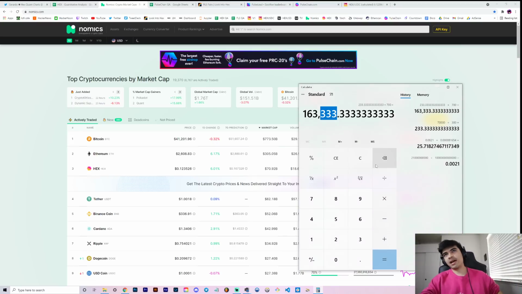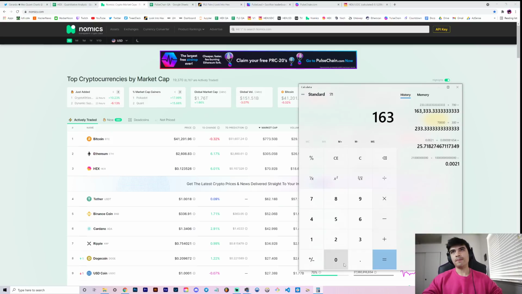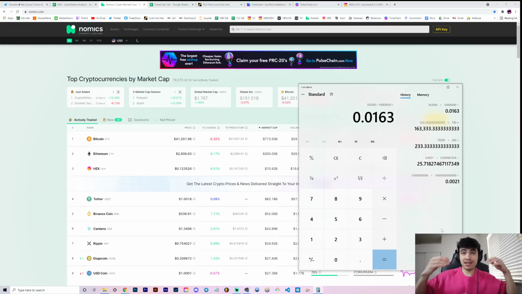See, I'm just trying to do some math, kind of avoiding zeros, but let's just do it easy. 163 billion, so 163,000 million, divided by, what's 10 trillion? That's 10,000 million, so 10 million. We're looking at about a penny, 1.6 pennies per Pulse.